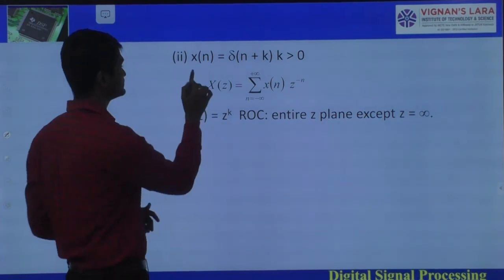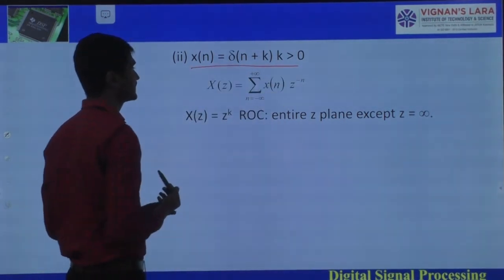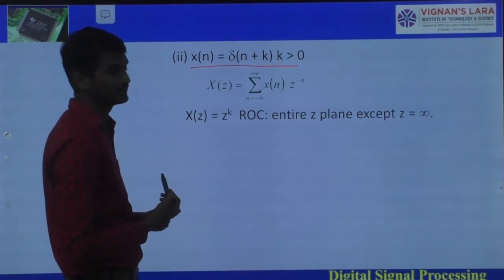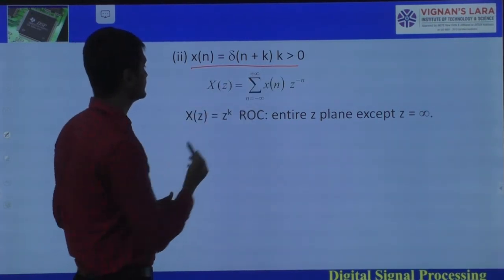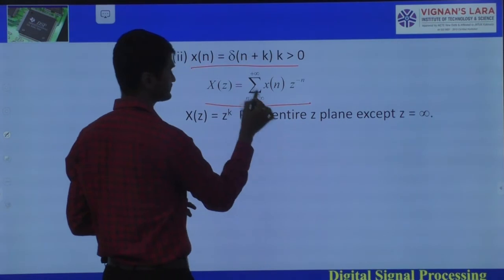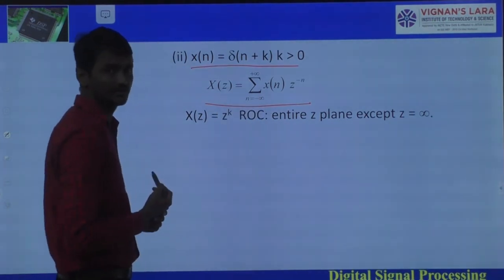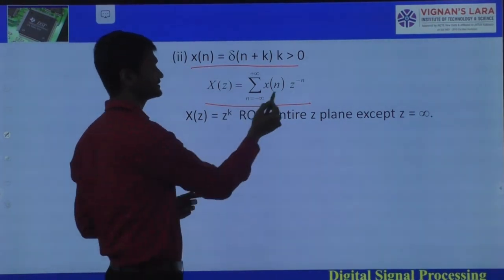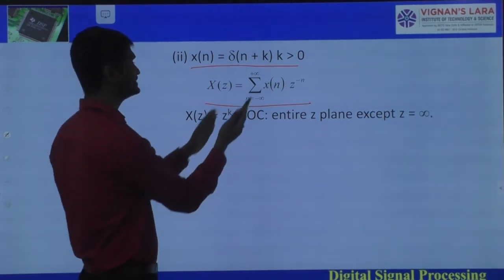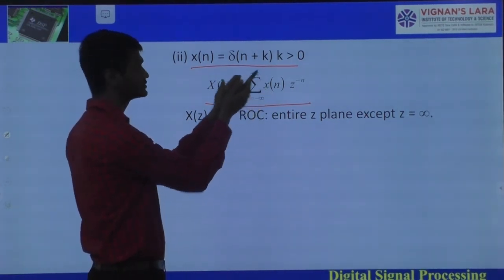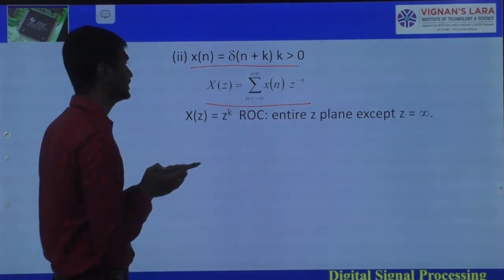So next sequence is x of n is equal to delta of n plus k, where k is positive. So x of z is equal to sigma n equals minus infinity to plus infinity x of n z power minus n. So k is only for positive values, like delta of n plus k.